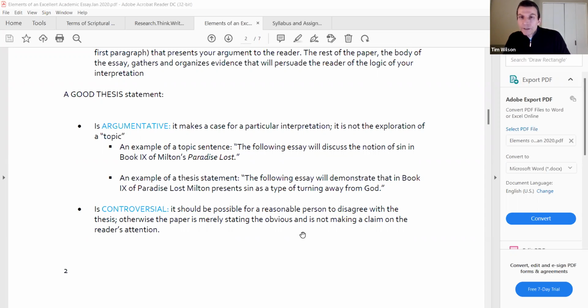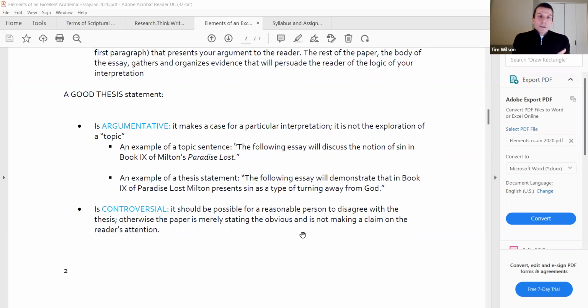It's something you'd see in Cole's Notes on Paradise Lost, but it's not a thesis in terms of making an argumentative claim. A better example of one that makes an argument: the following essay will demonstrate that in book 9 of Paradise Lost, Milton presents sin as a type of turning away from God. So you're making a claim about what's going on with sin there.